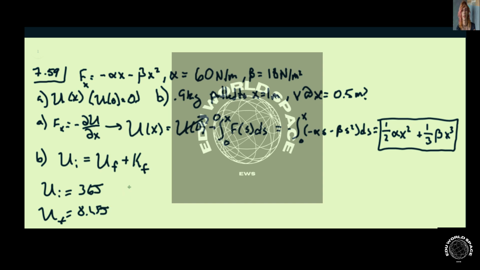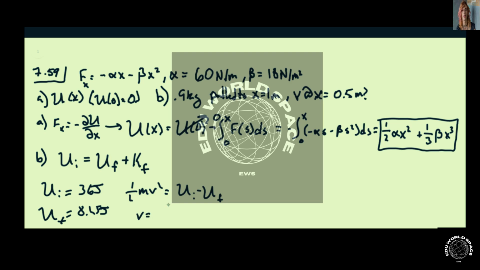And so we have 1/2 mv squared is equal to U initial minus U final.